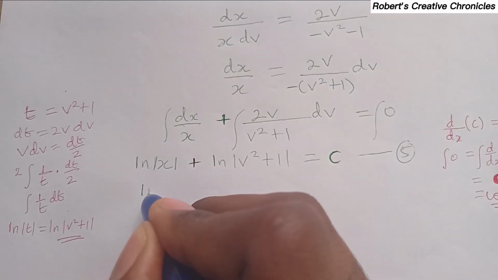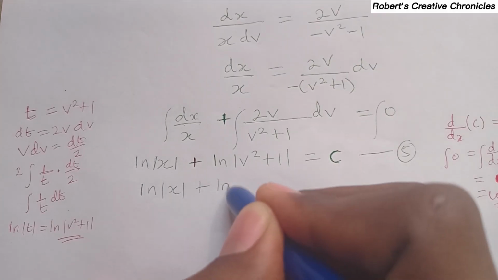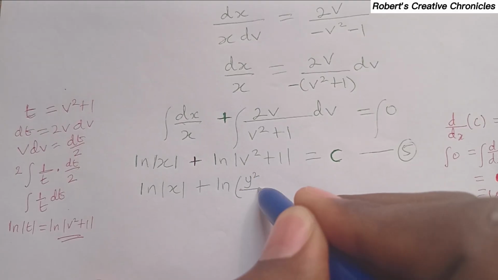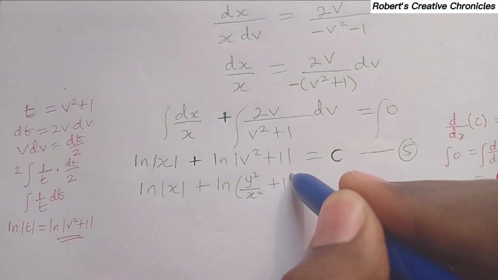So here will be ln of x plus ln of y over x squared, which is y squared over x squared plus 1.